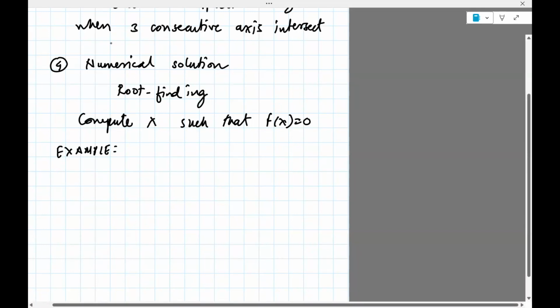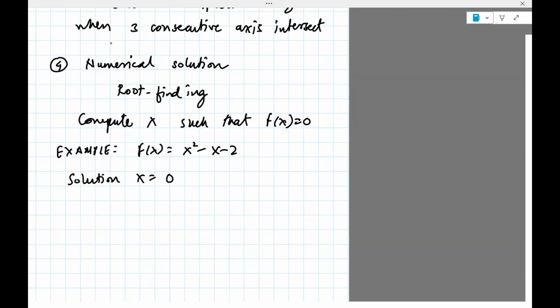I'll give you a simple one-dimensional example because it's easy to visualize. If I give you this quadratic equation and ask you to find its roots, we know the solution is x equals 0. Oh no, 0 doesn't work.